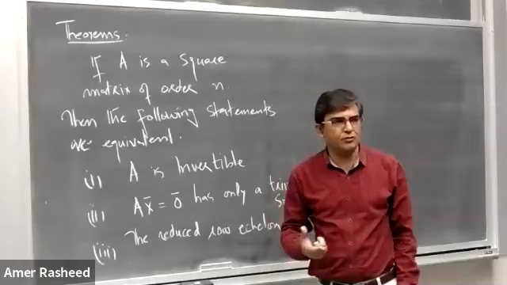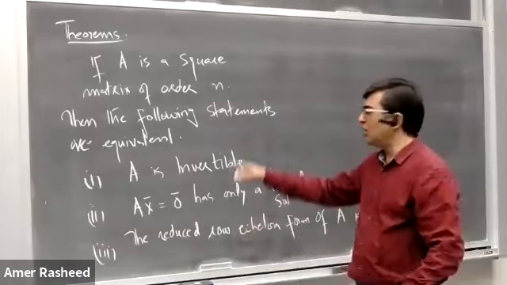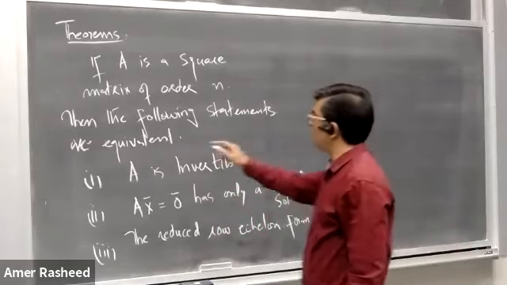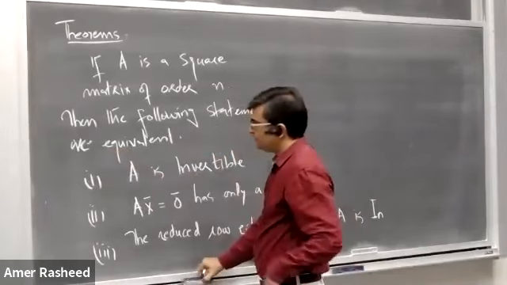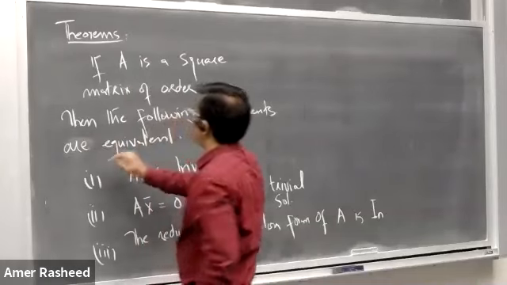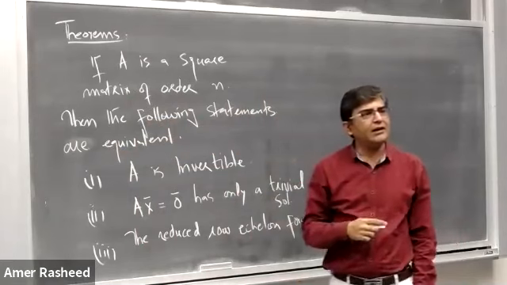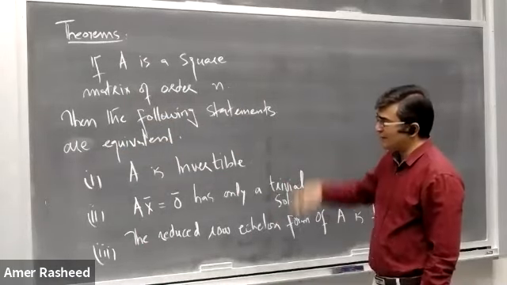The others must be true. If at least one statement is wrong, then all other statements must be wrong. That's why we call them equivalent statements. So, if one of these three is true, then the other two must be true.